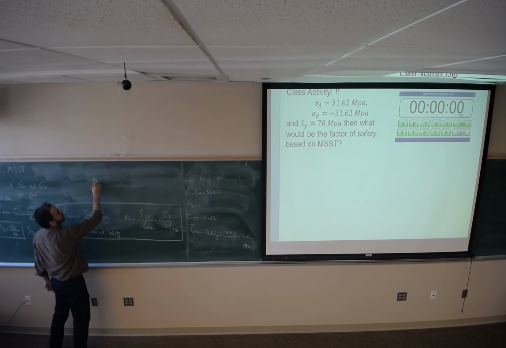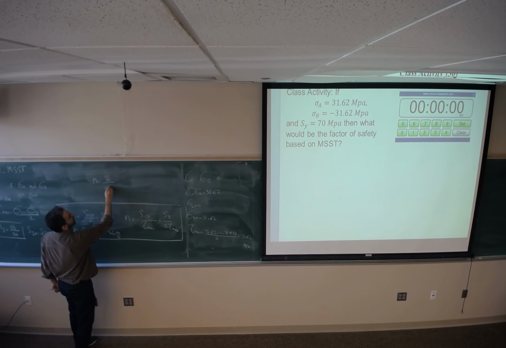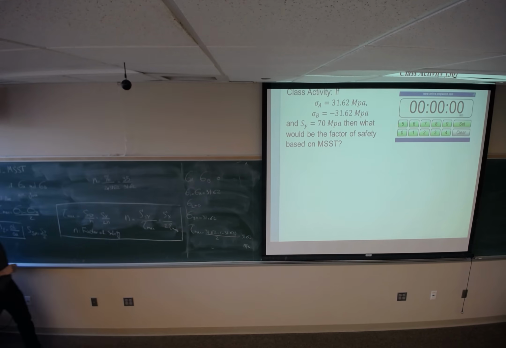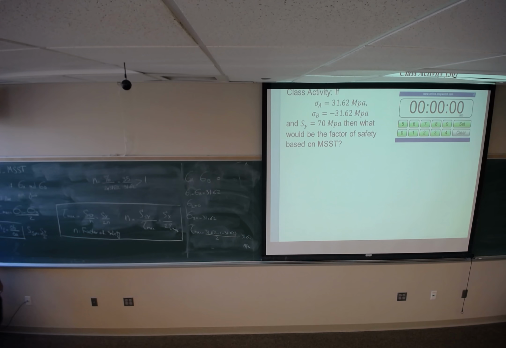N would be Sy, which is 70, divided by 2 times 31.62, or 35 divided by 31.62. It's greater than 1, so we are going to be safe in design.